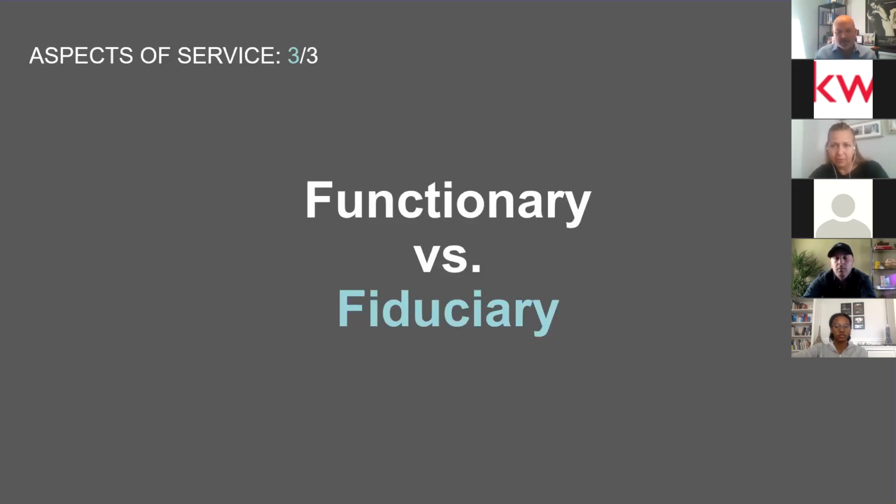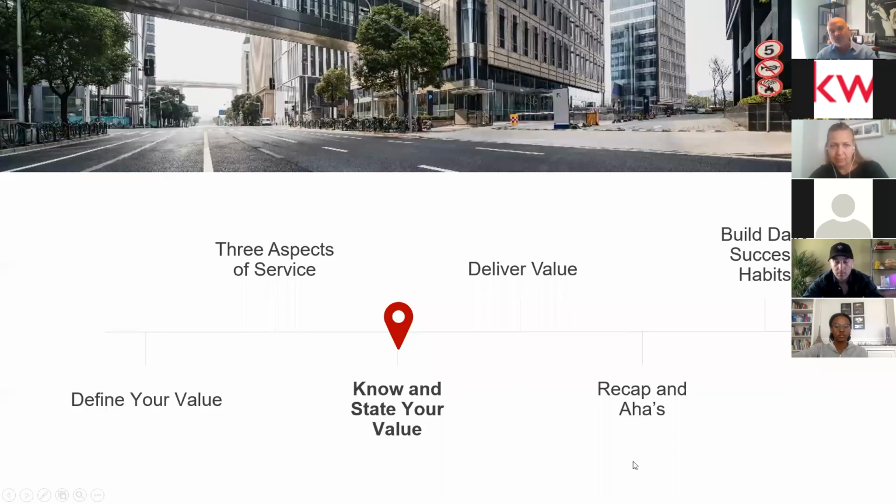All right, let's move on to know and state your value proposition, right? Now we're going to talk about your value proposition. We're going to look at some data around what clients want, and get a big picture look at your current real estate market, and we'll discuss some ways that technology can boost your value proposition.